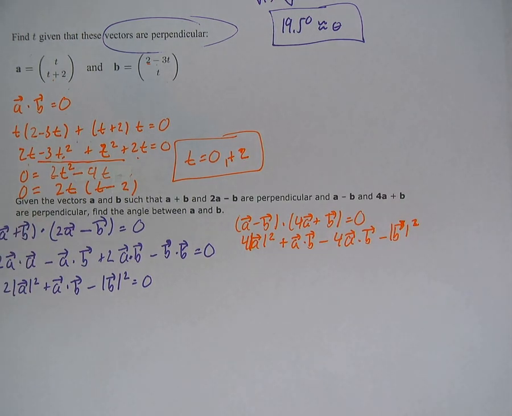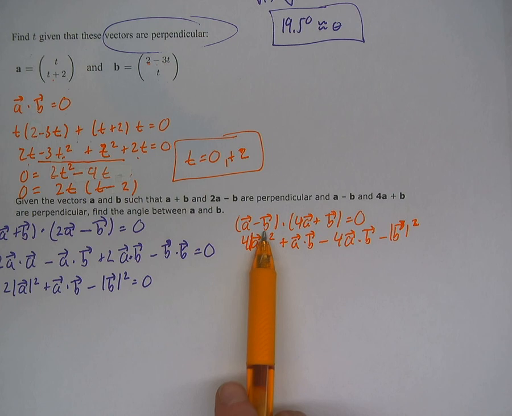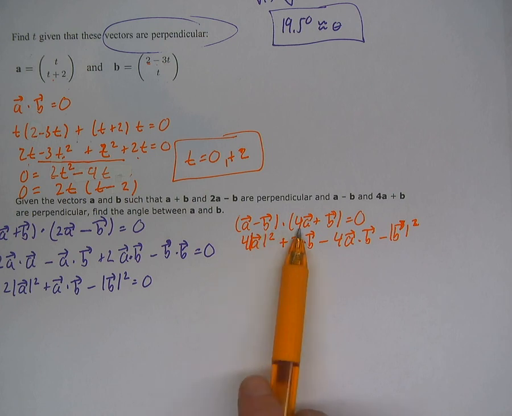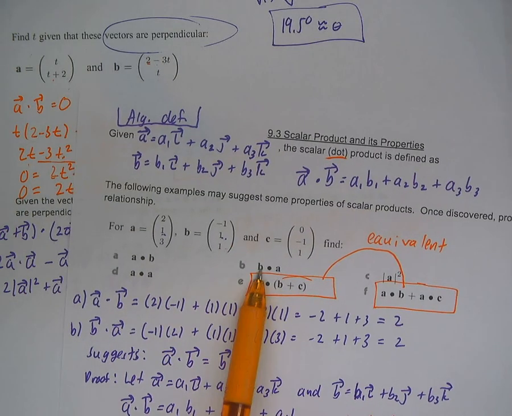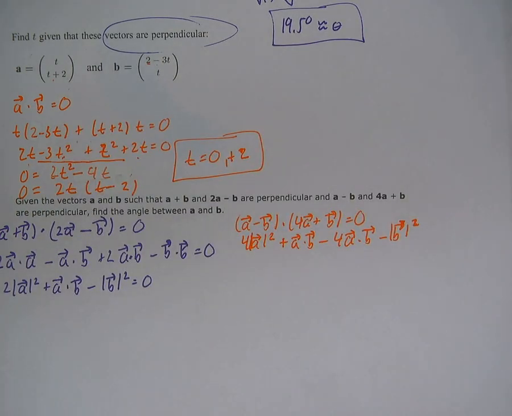Notice I'm also reordering everything so that A is first and B is second. So like here when I did vector B times vector 4A, because I know that the vector dot product is commutative, I can switch that order and I know I'm not going to mess anything up. Okay, let's simplify this a little bit.